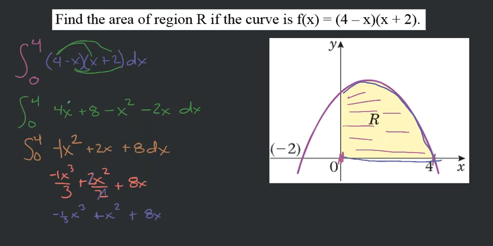Now, because this is a definite integral, we know our x values here. We can say we are doing this from 0 to 4. So let's go ahead and see what that is going to become.